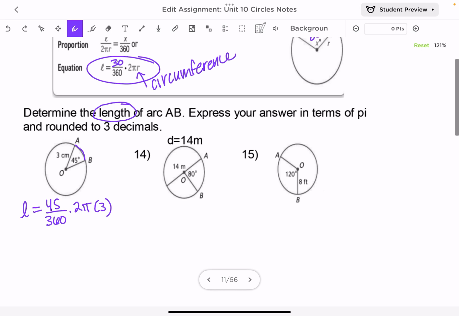If we're getting our answer in terms of pi, that means you want to type everything in except the pi. If you do the alpha y equals thing, it makes this a lot easier because it gives you the simplified fraction when you're done. If you type all of that in without the pi, you're going to get 3/4, and then we have the pi. So the length is 3/4 pi.